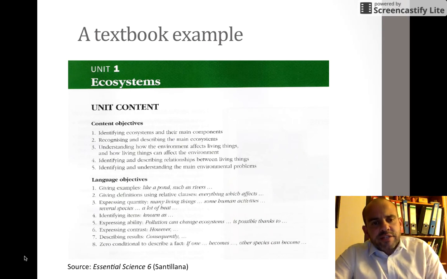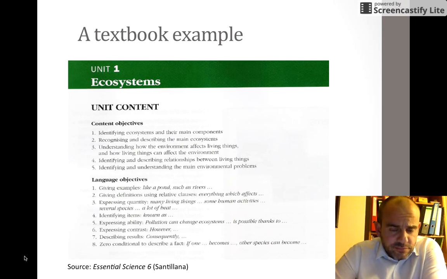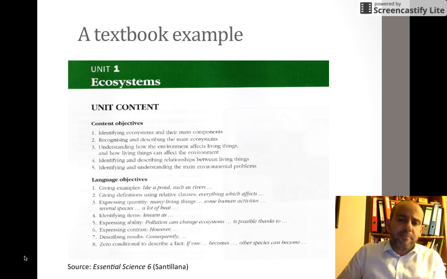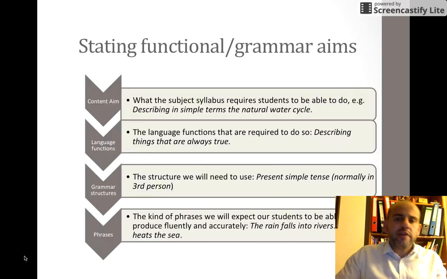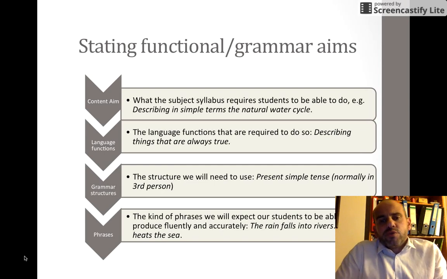Notice also that the objectives are functional. So there are some sample sentences or phrases given in italics, but they correspond to language functions expressed using ing forms. And we're going to use this approach when it comes to defining our own language objectives.